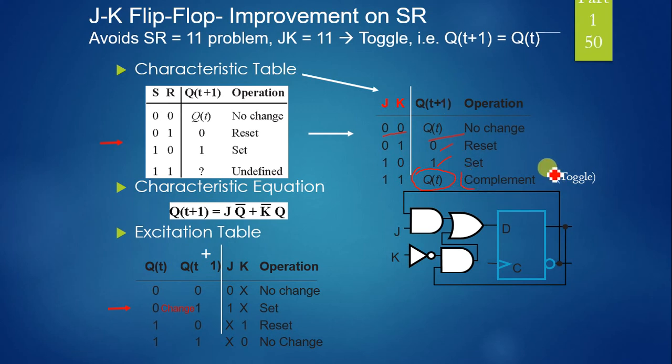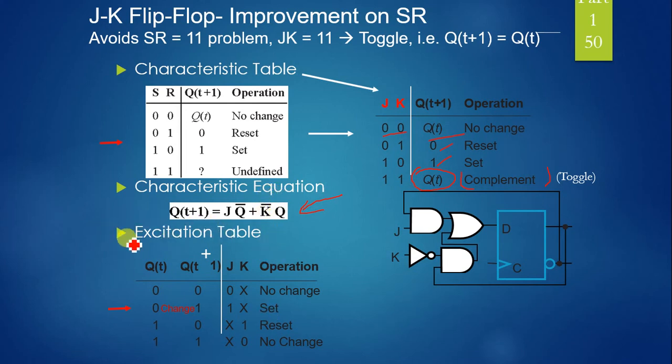It's nothing but a complement state, which is a toggle state, right? And the characteristic equation is given from this table itself, which is Q of t plus 1 is equal to J Q complement plus K complement Q.